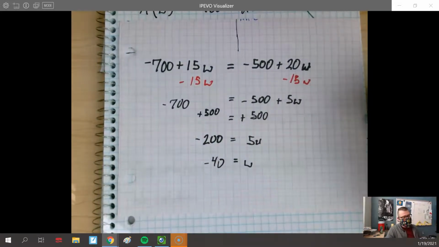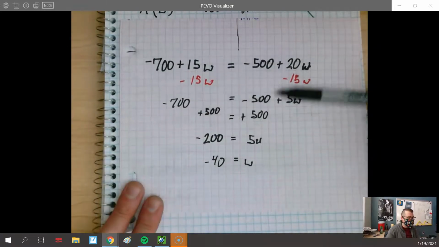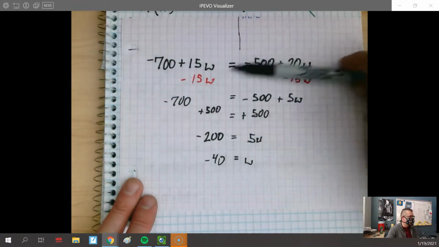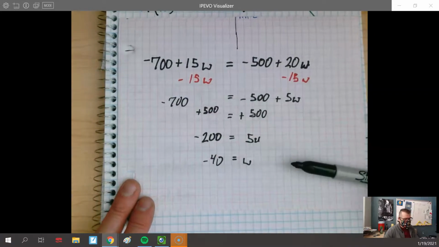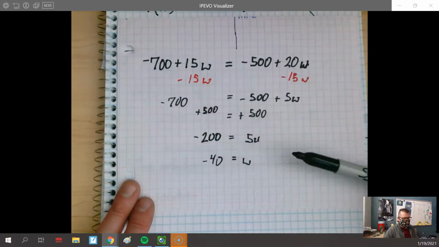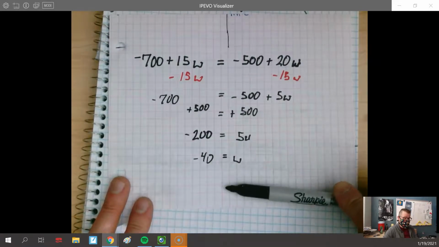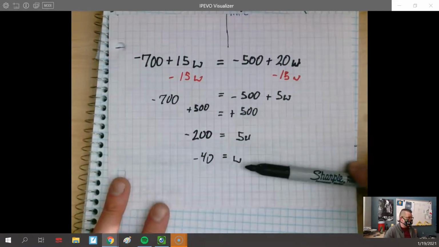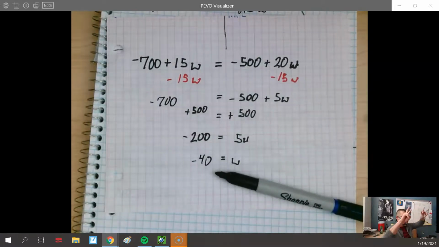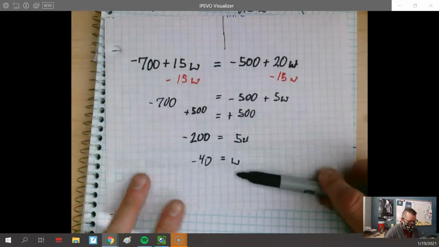So at negative 40, Kelly has as much debt as AJ does, but there's no actual solution for profit here. But wait, we still have a solution, right? This still counts as a solution, even though it's back in time, right? This still counts as a solution.